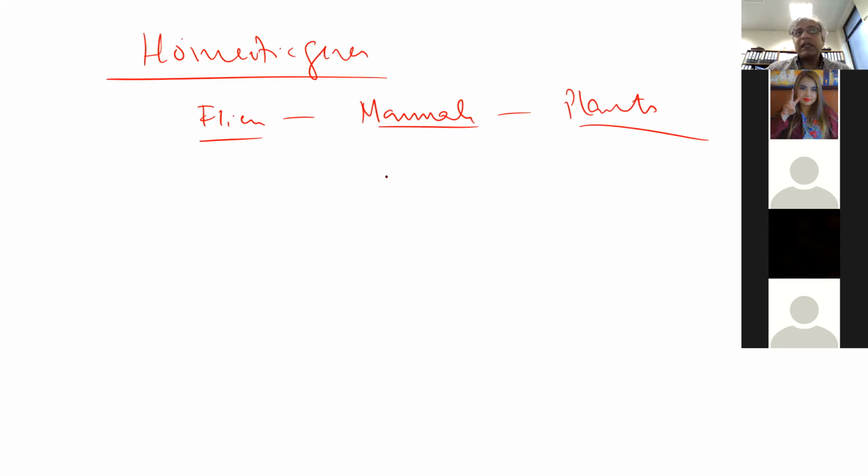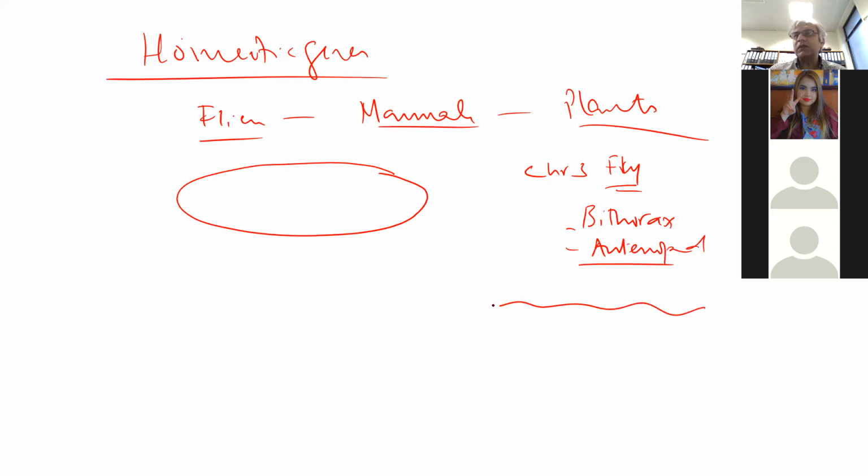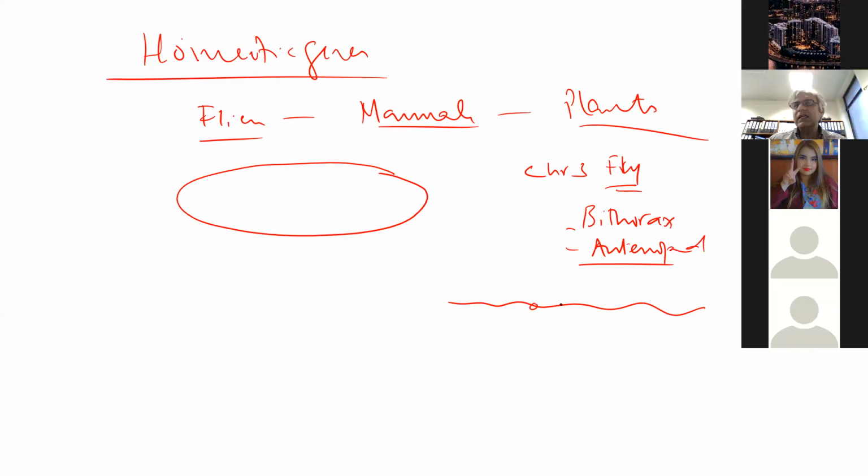What was shocking is that homeotic genes normally exist on chromosome 3 in fruit flies in two clusters. One cluster is called the bithorax complex, and the other is called the antennapedia complex. These are basically genes on a chromosome like this.